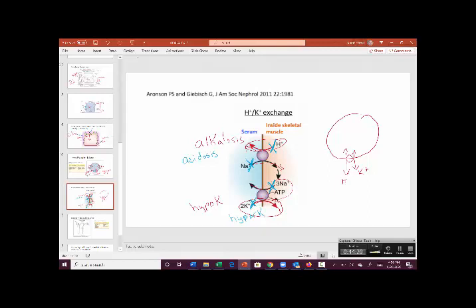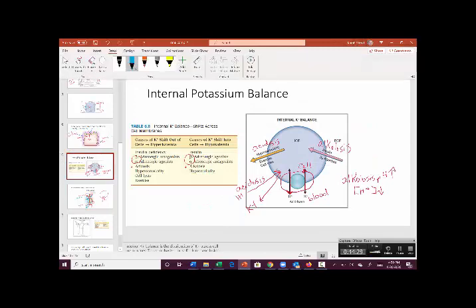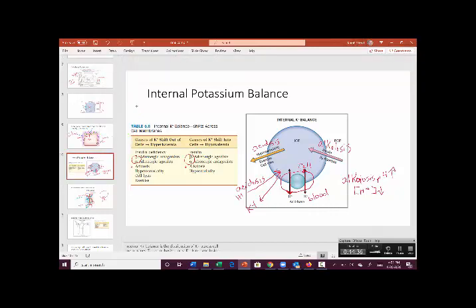So that is what I was referring to on slide 10, when I was talking to you about the acidosis and alkalosis causing shifting of potassium. Again, I want to caution you: not all types of acid-base disorders, as I mentioned, will lead to the shifting of potassium.